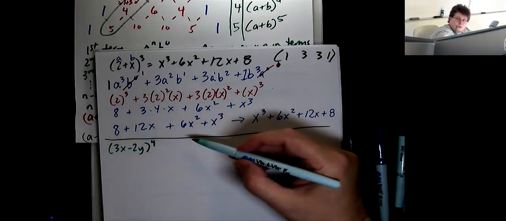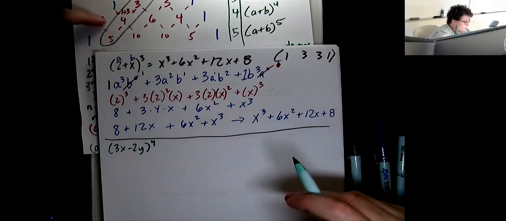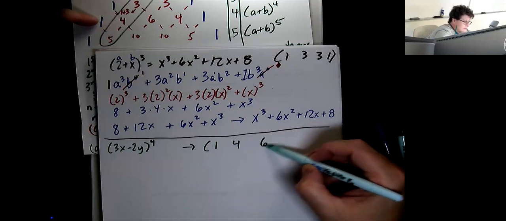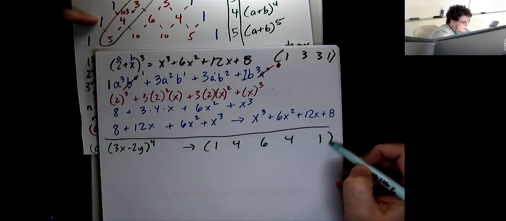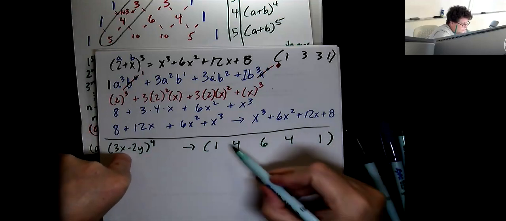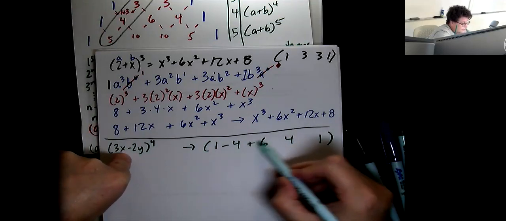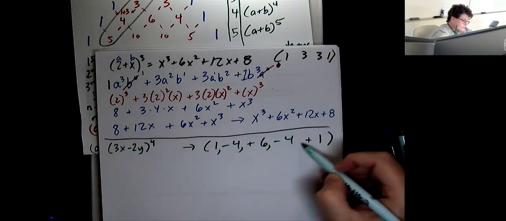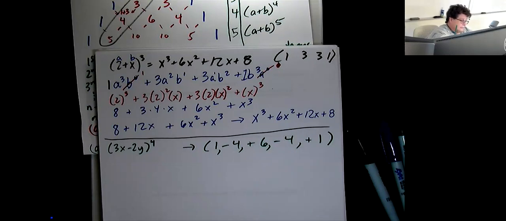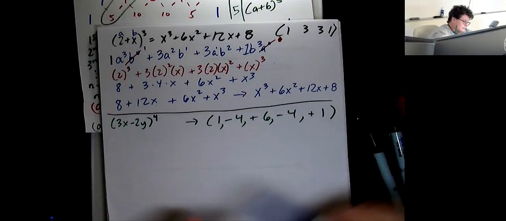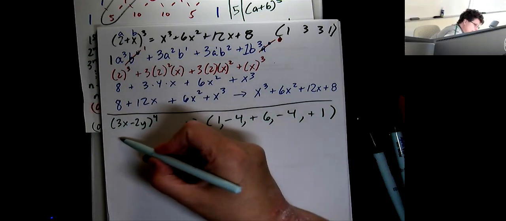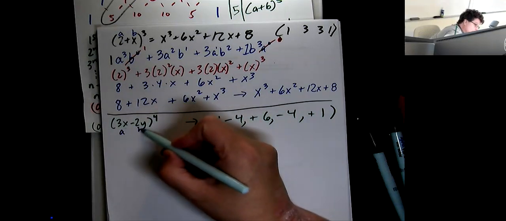Okay, so looking at my triangle, the row that has the 4 in it, I have the coefficients 1, 4, 6, 4, and 1. The negative tells me the signs alternate. The first one's positive, the second one's negative, so I should have signs like that. So I start off with a to the 4th power. This will be my a, this will be my b.